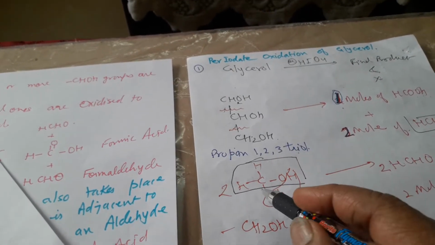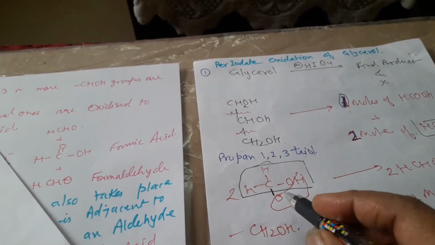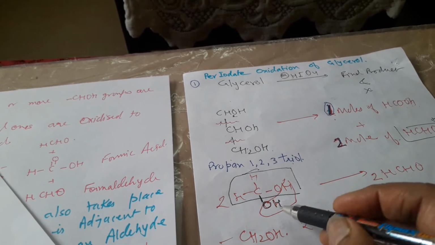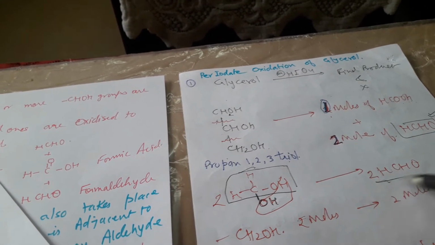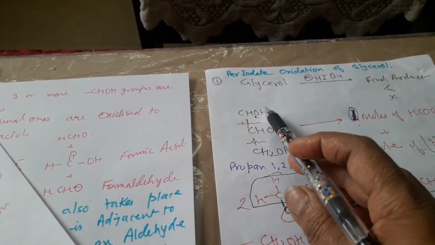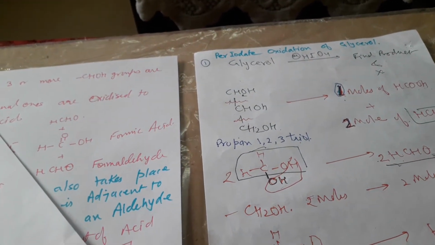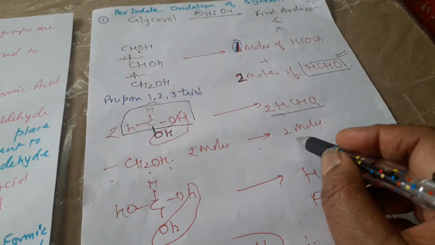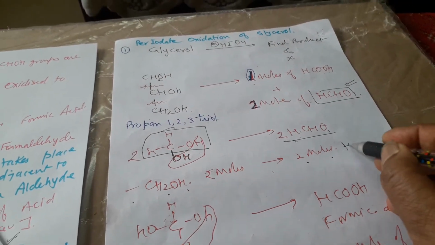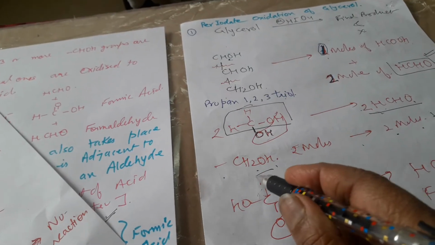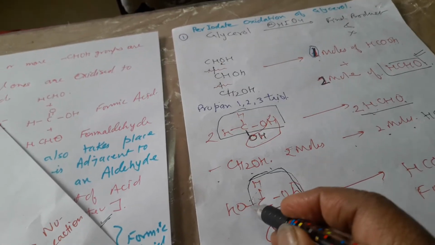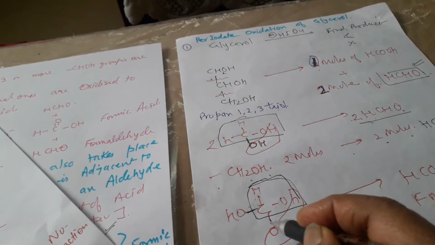And only this bond is alone, so you have to add OH from here, from HIO4. So water will be lost and you will get formaldehyde. Since there are 2 CH2OH groupings, that is why I have written HCHO twice. So 2 moles of CH2OH give 2 moles of HCHO. Clear? Now if there is only the middle CHOH grouping, I have used 2 OH groups, one here and one here.